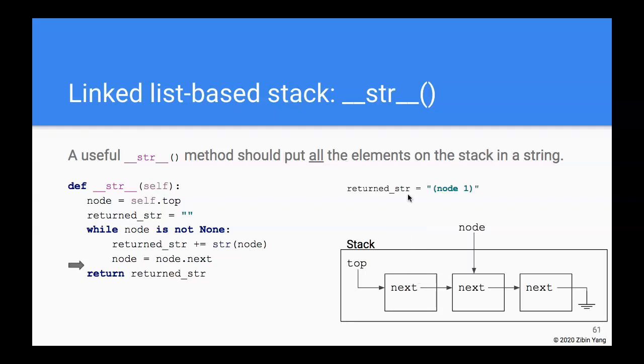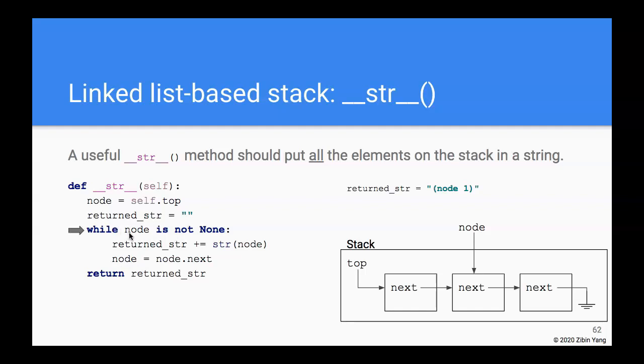So the return string should contain the information about node 1, right? And then I advance the node to point to the next pointer of the node itself, which means I'm going to move node to here, right? And then I'm going to repeat this.